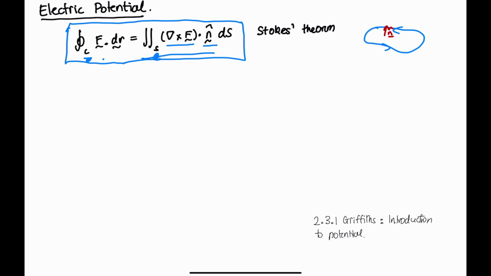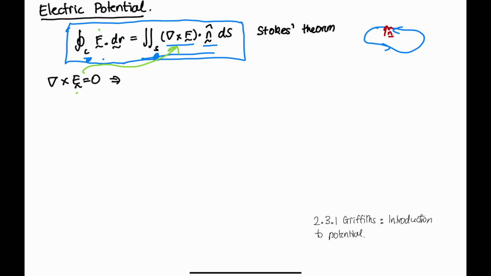How we can make use of that is if we remember what we've just shown, that the curl of an electric field is equal to 0. So del cross E for any electric field is equal to 0. And this means that we can put this 0 into this part of the equation when we replace our field F with our electric field.